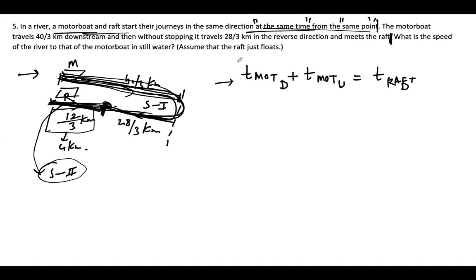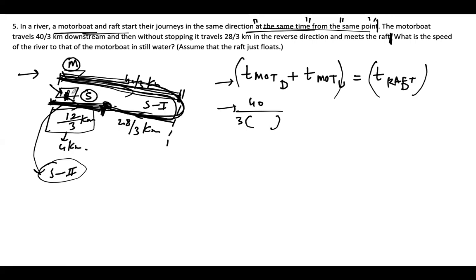Is this equation clear? Time taken by the motorboat and time taken by the raft. So how will you write the time taken by the motorboat downstream? Distance divided by speed. Let's say the speed of the motorboat is m. Since I have denoted the raft by r, let's change the variable: the speed of the river stream is s.